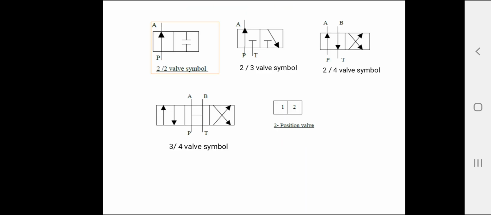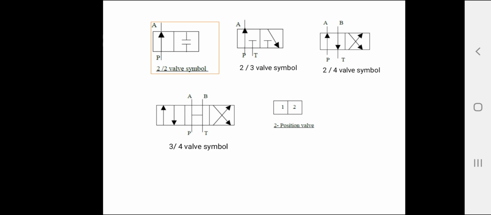Spool positions as well as their corresponding actuations. Here you can see different positions. Their corresponding actuating elements are labeled with numbers 1, 2.